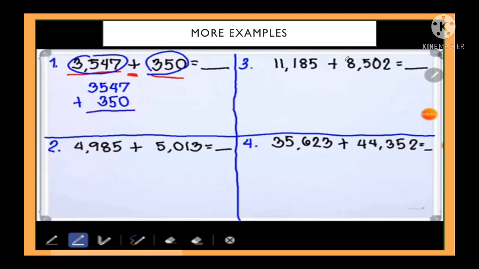Second step is we will now add each column. We will start with the ones place. Ones place, we have 7 and 0.